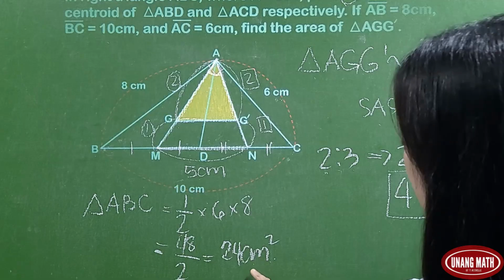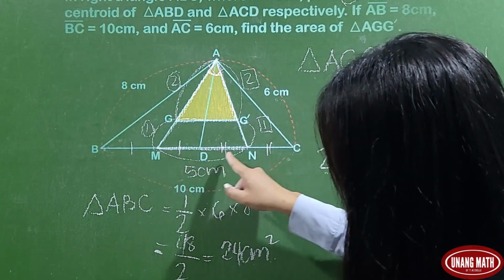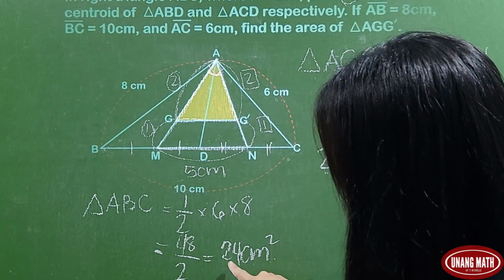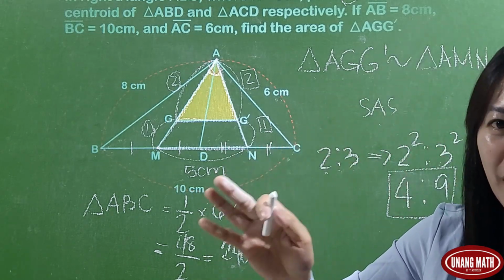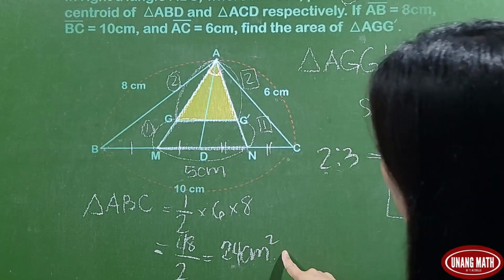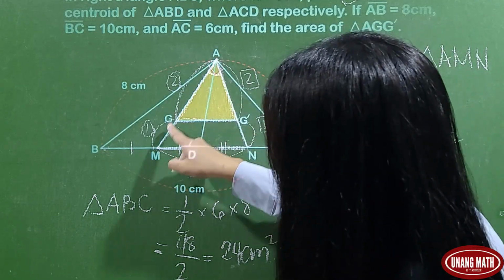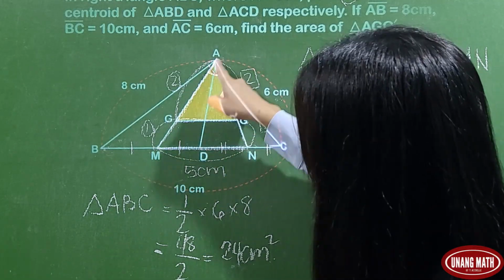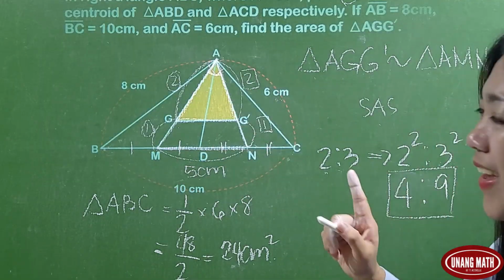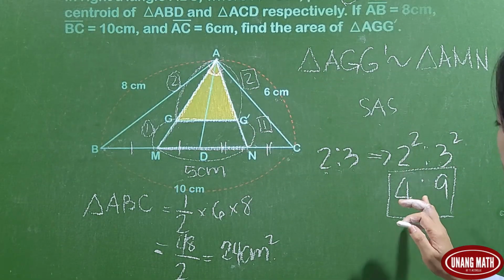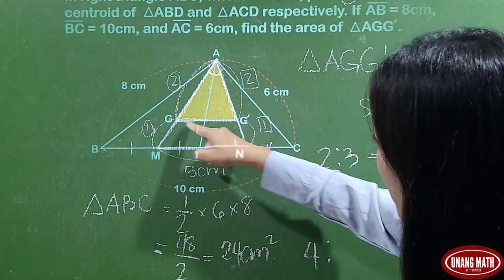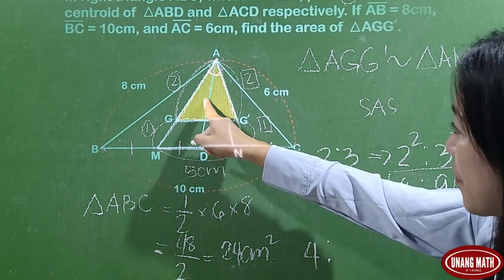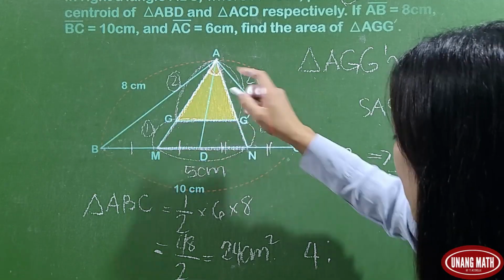Now, if this is half, then half of 24 square centimeters would be 12 square centimeters. So the area of triangle AMN is 12 square centimeters. So we can now find the area of this shaded region, triangle AGG prime.